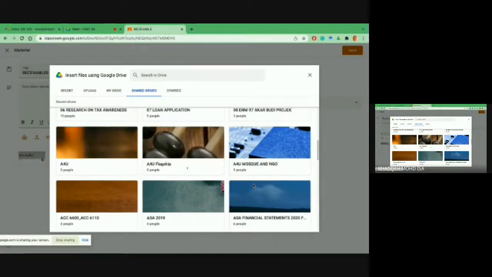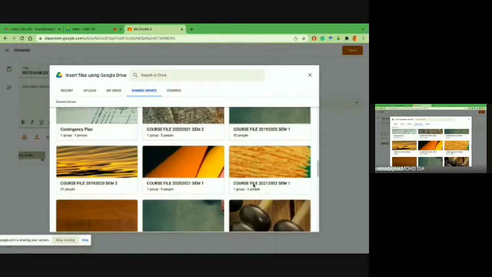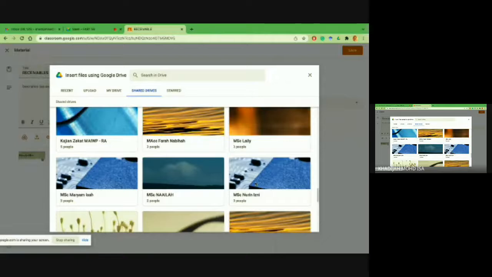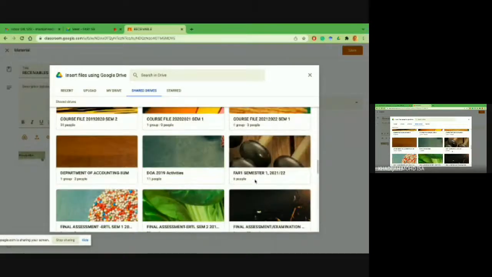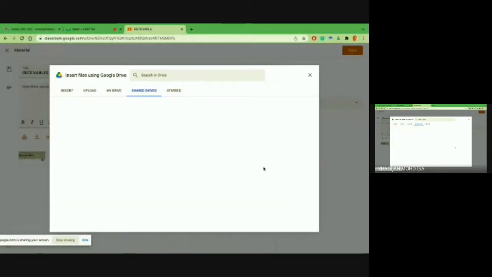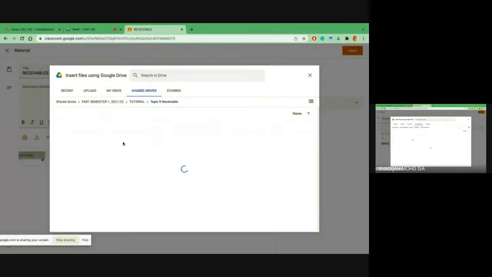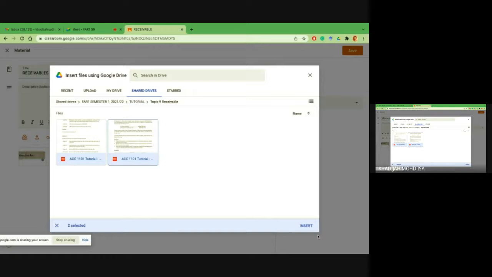We are among the classes that are left behind. I do not want to go very fast, but my students cannot follow the lecture. The tutorial is on receivable, tutorial 1 and 2.